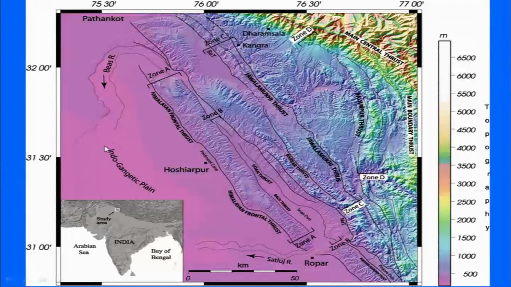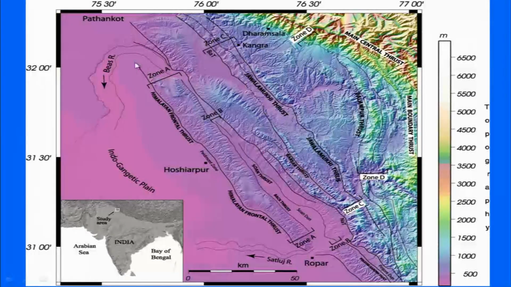This is the Indo-Gangetic plain area, and this is the plate boundary, which is marked by the rising hills of Himalaya. Two rivers which are debouching into the Indo-Gangetic plain are the major rivers Sutlej and Bias.